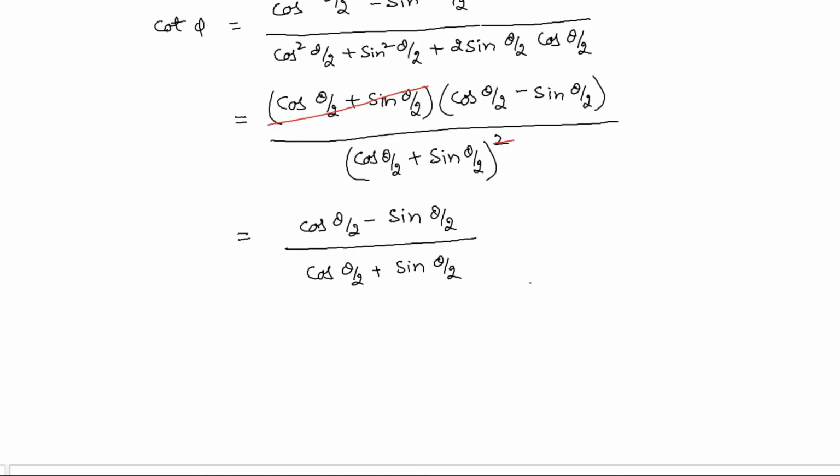To get it in the standard form, I divide the numerator and denominator by cos of theta by 2.